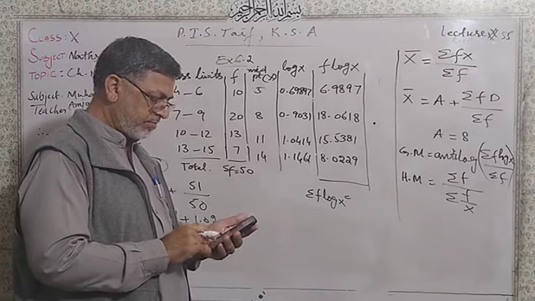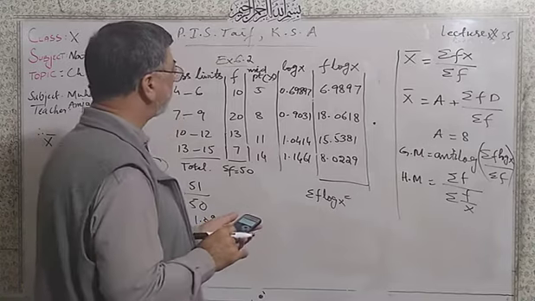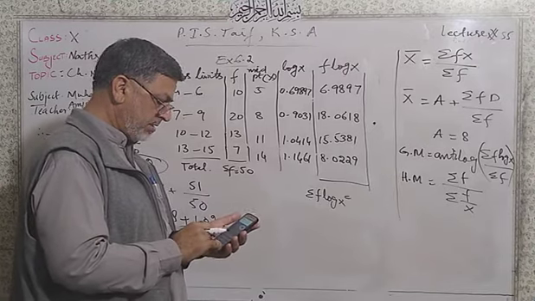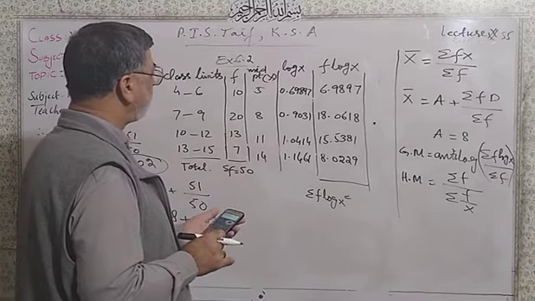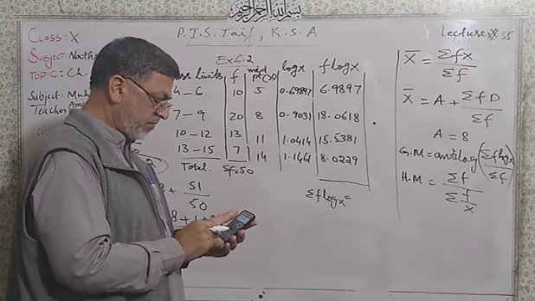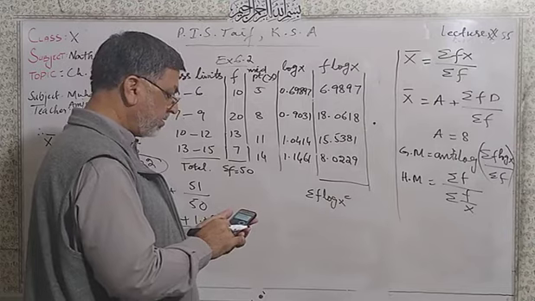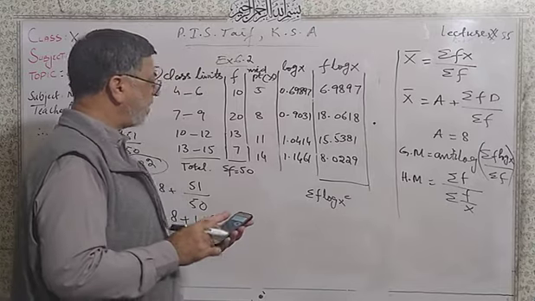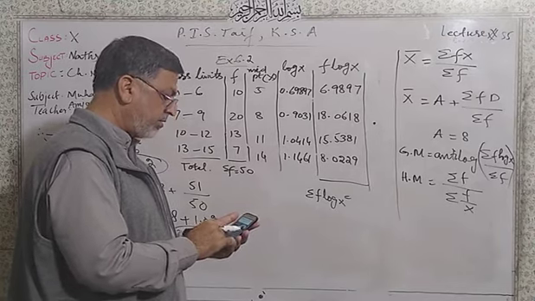6.9897 plus 18.0618. Then plus 15.5381. Plus 8.0229.